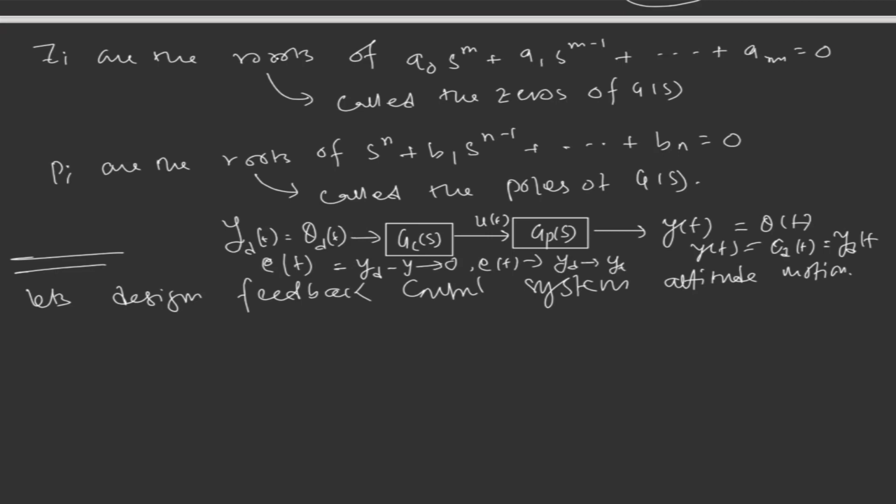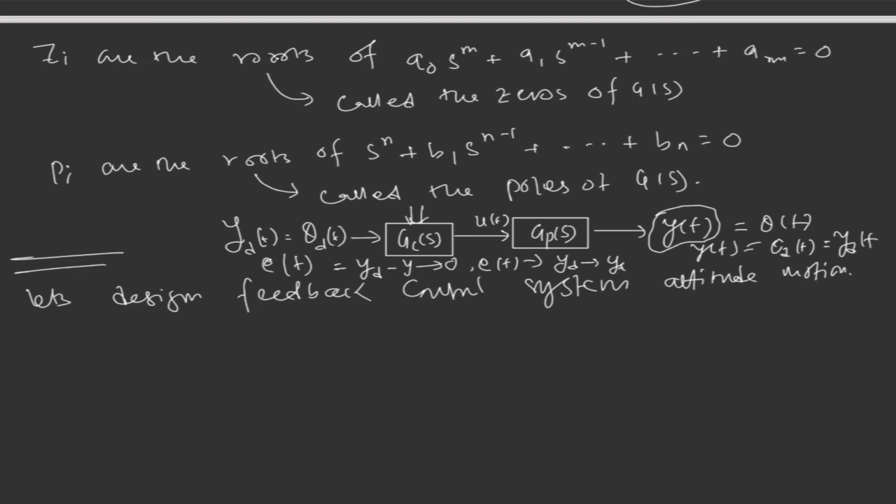This is how we can design the control system. But in the open loop structure, we can't come up with the error function, because the output variable should be available at the controller so that I can find the error. But in this open loop transfer function, it's not possible.